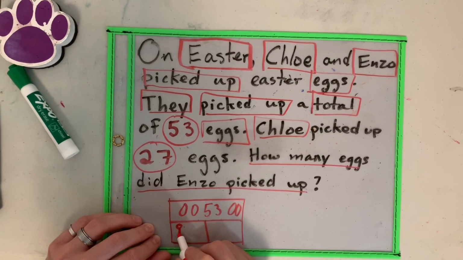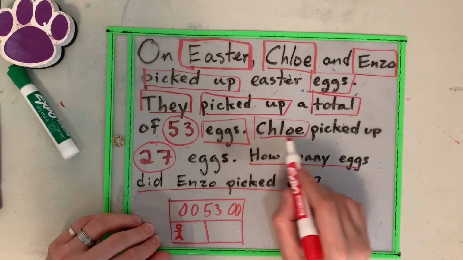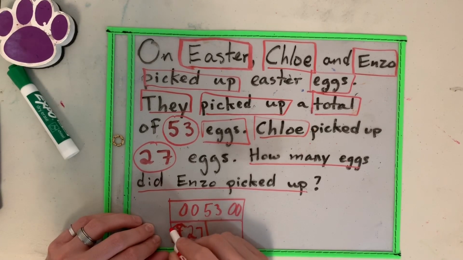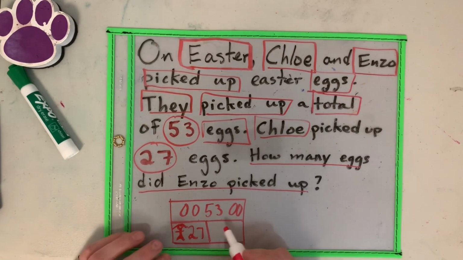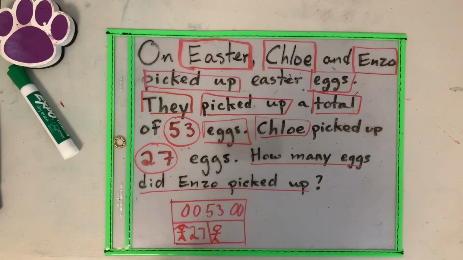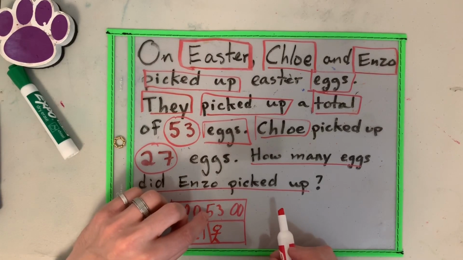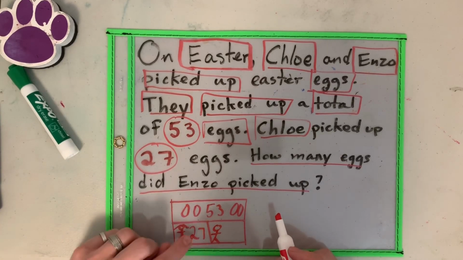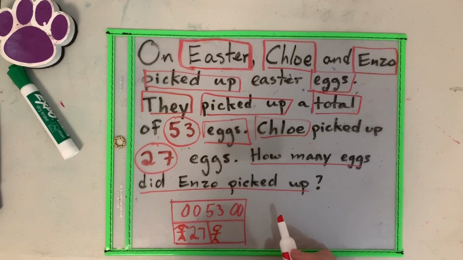And Chloe, we know about Chloe. Chloe picked up 27. The question is, how many did Enzo pick up? ¿Cuánto agarró Enzo? So we need to do this number sentence. 53 is the whole. 27 is a part.